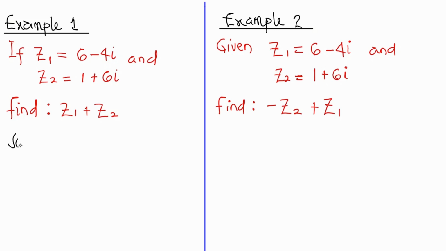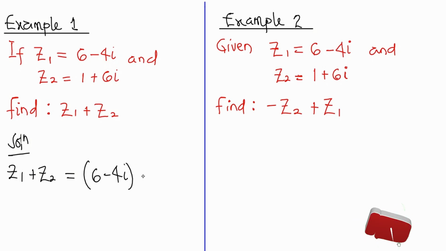Now, for our solution, we have been given z1 and z2, so we just add z1 plus z2. z1 was given as 6 minus 4i plus z2, giving us 1 plus 6i. Once we have this, we are just going to add the real part to the real part and the imaginary part to the imaginary part.